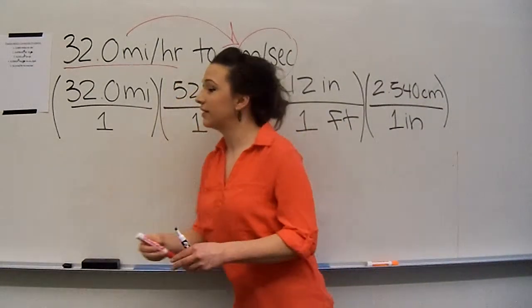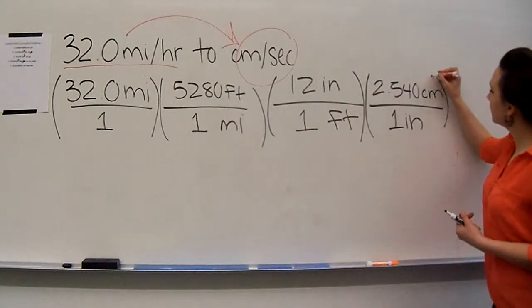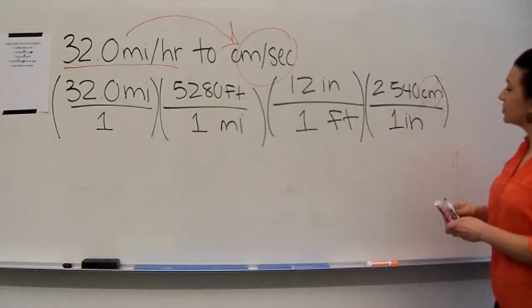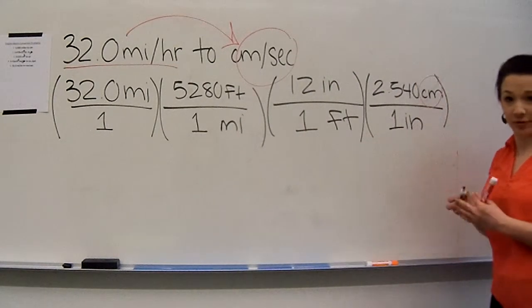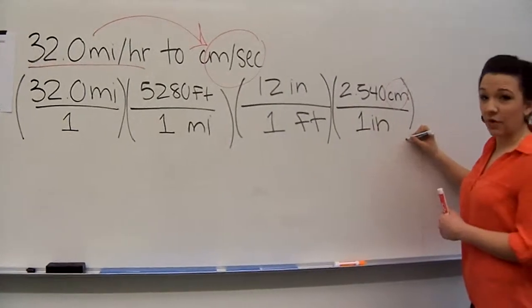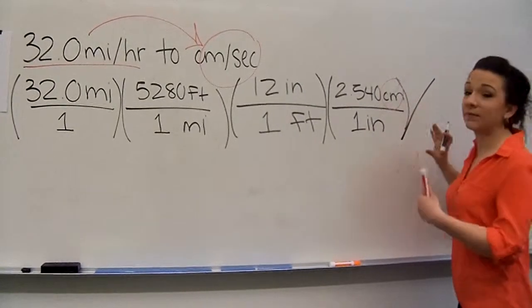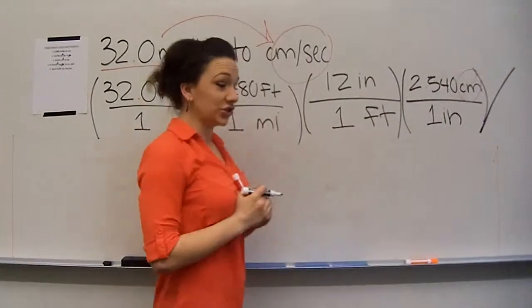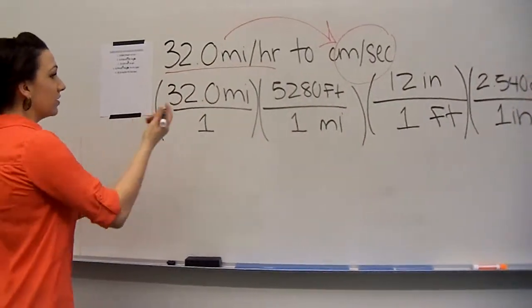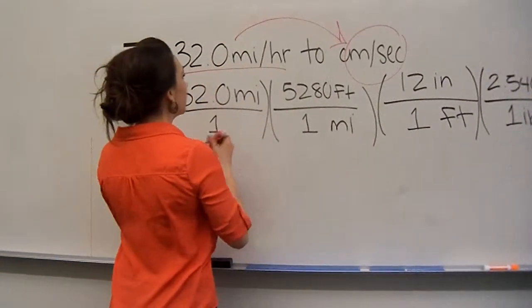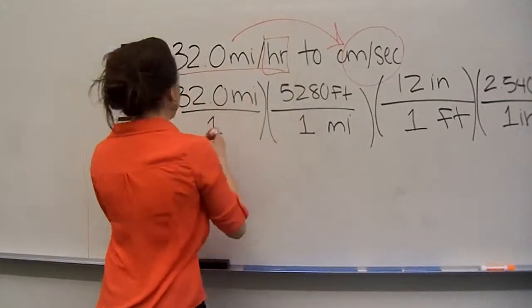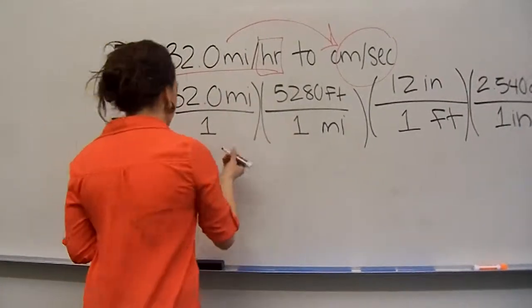Centimeters is the unit that we were looking for. So we are now done with the first portion of the problem. As I said before, I add the slash to know that I'm now moving on to the second portion of the problem. We will take hours, which is our given unit, and we will write that on top.